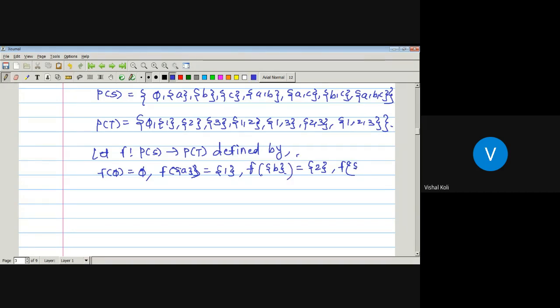F of C is nothing but singleton 3, and so on. F of ABC is nothing but 1, 2, 3. Okay, now by the definition itself, the given function is 1-1 and onto.